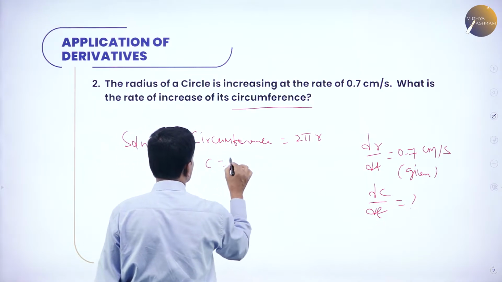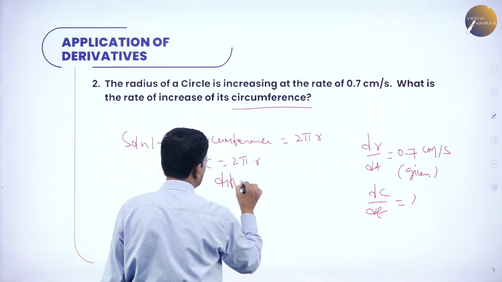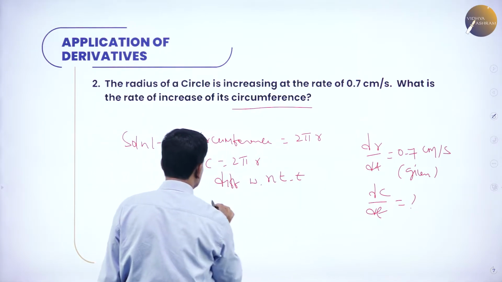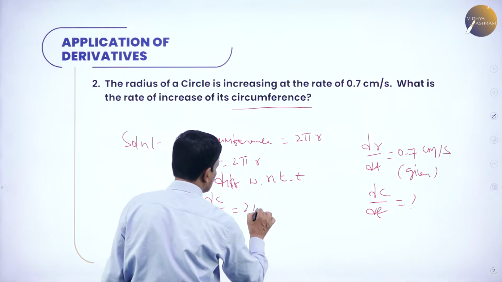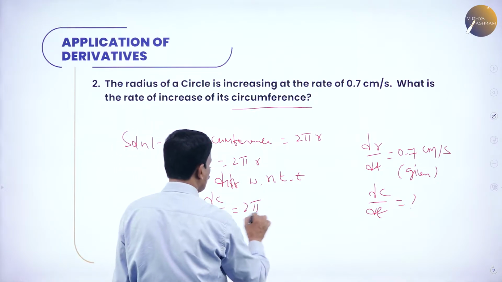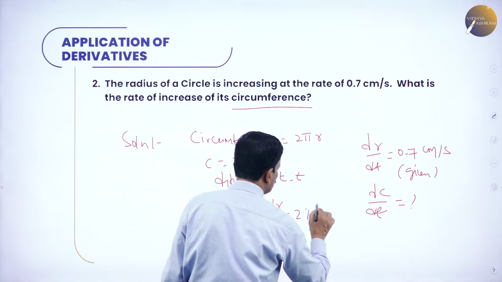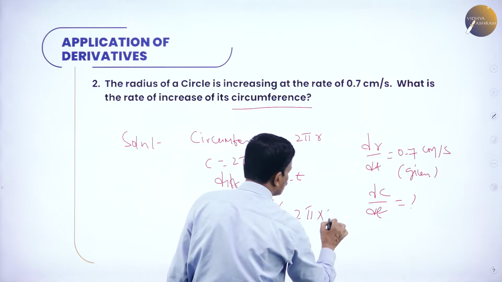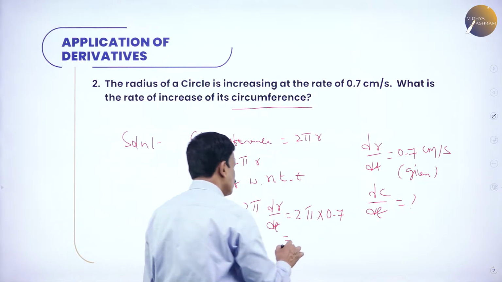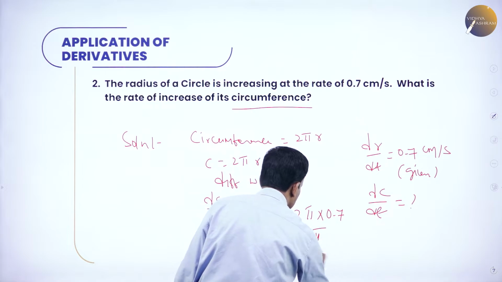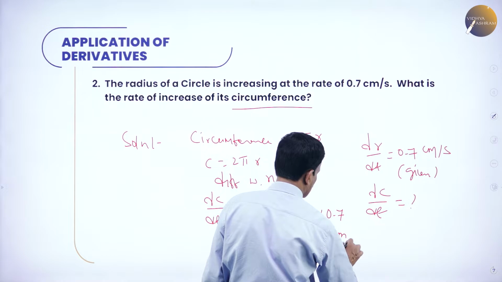C is equal to 2 pi r, differentiating with respect to t, dC divided by dt, the rate of change of circumference of the circle, is 2 pi into the differentiation of r with respect to t, which is dr by dt. This is equal to 2 pi into dr by dt, which is equal to the given 0.7. 2 into 0.7 is nothing but 1.4 pi. So, this is 1.4 pi centimeter per second.